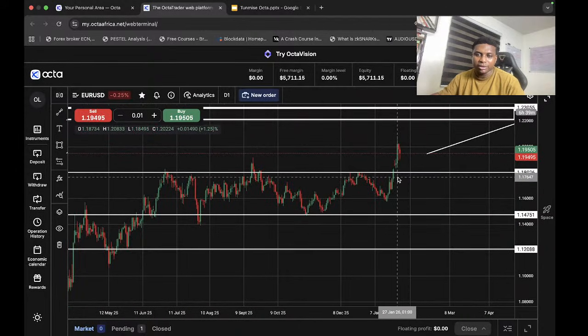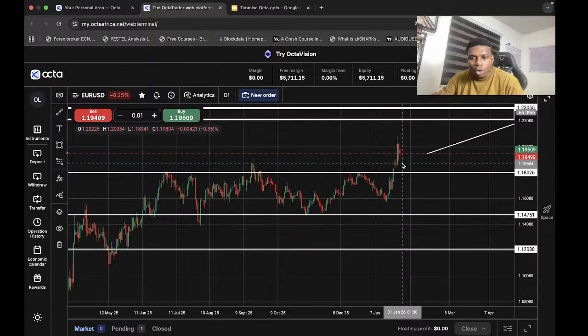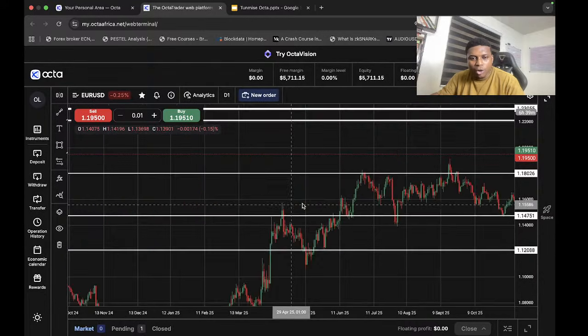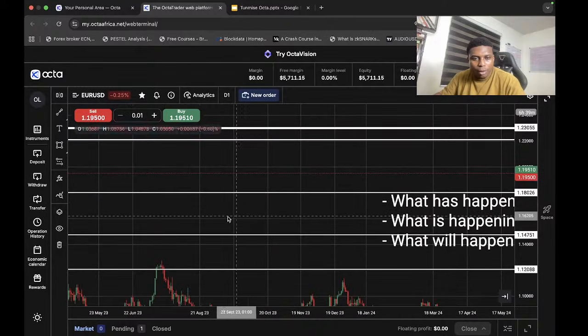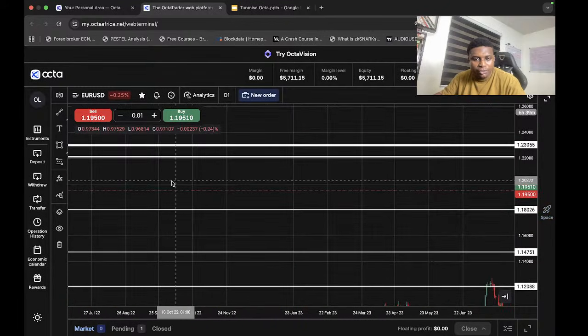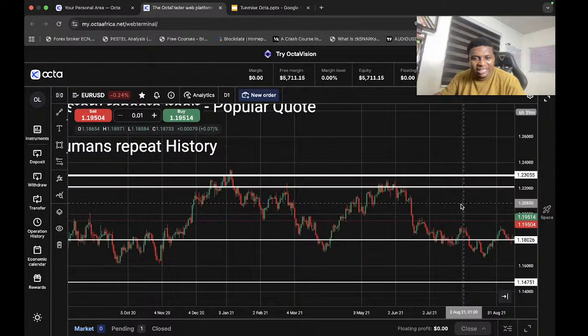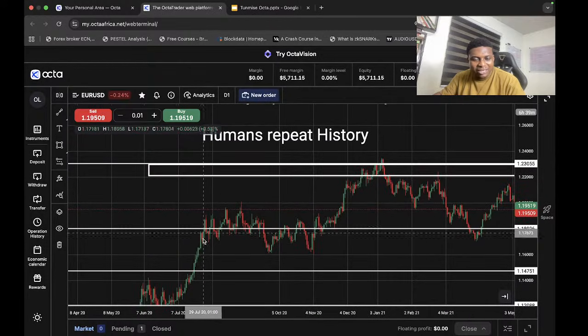Look at how price consolidated here, and a breakout occurred. Now when we go back in history, you can see price also consolidated here.